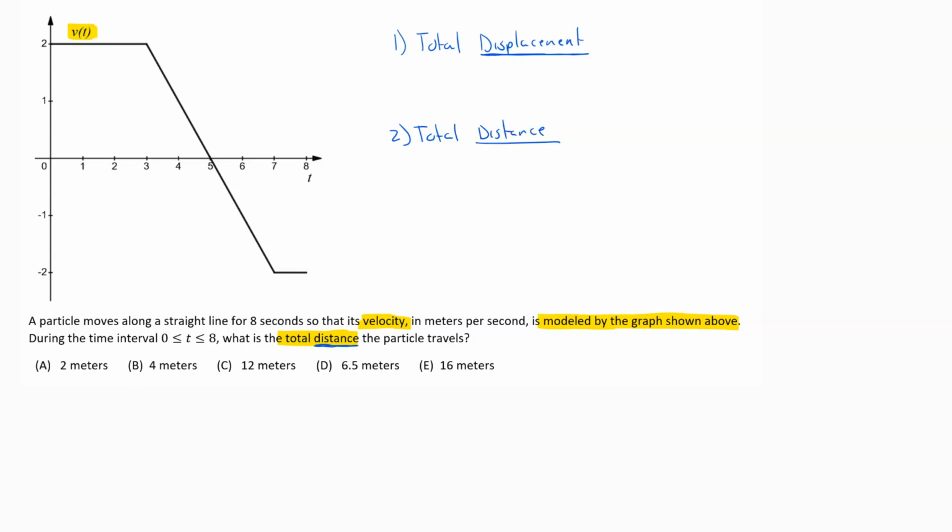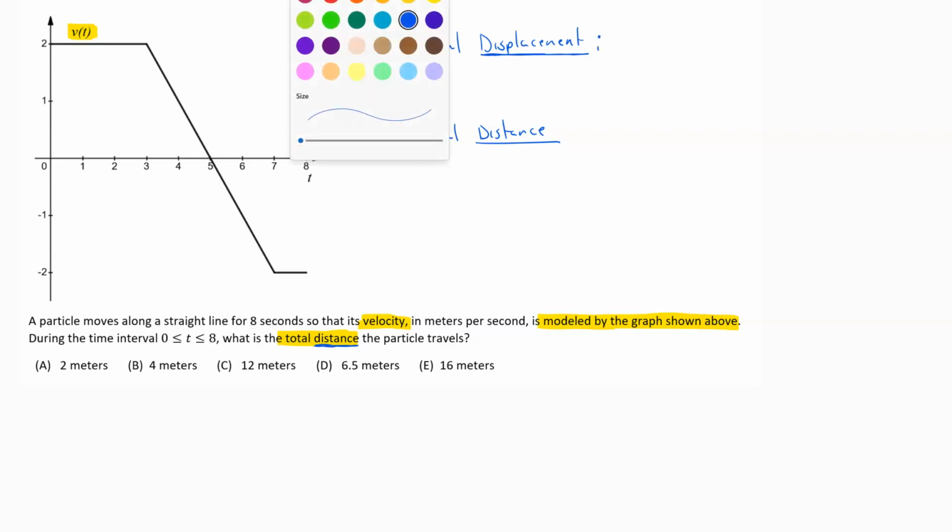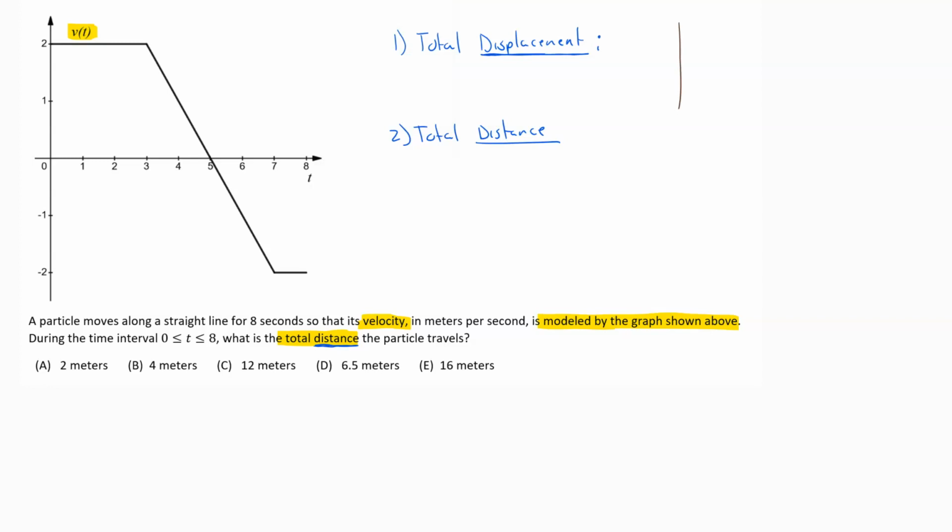And the difference between these two problems here is when we're talking total displacement, you have to treat area above the x-axis as positive area. Area below the x-axis would be considered negative area. And then you add up all of those pieces together to figure out what your total displacement is.